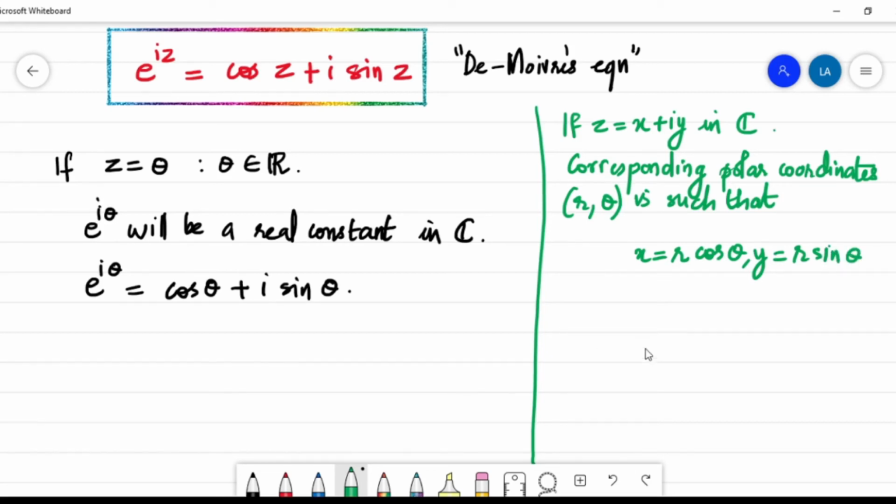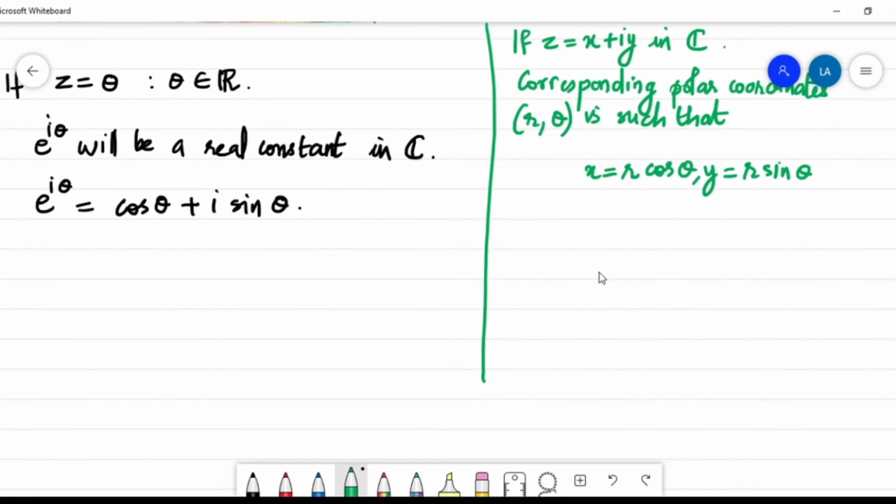And also when we learn at first, we know that r sitting here is nothing but the modulus of z. Modulus means root of x square plus y square.